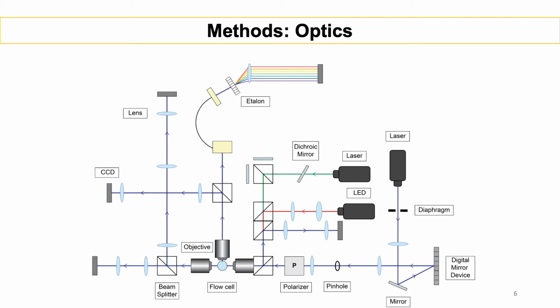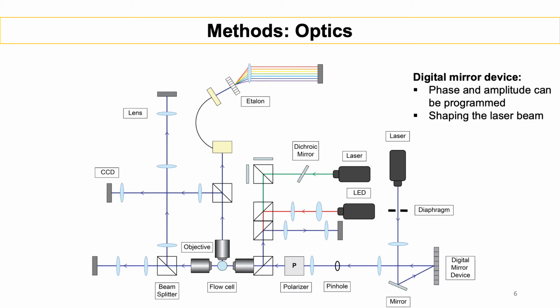So how would a metrological flow cytometer look like? And where is it different from clinical flow cytometers? Well, the first difference is that the laser which we use falls on a DMD, a digital mirror device. This digital mirror device consists of thousands of programmable little mirrors which can be used to program both phase and amplitude of the beam.